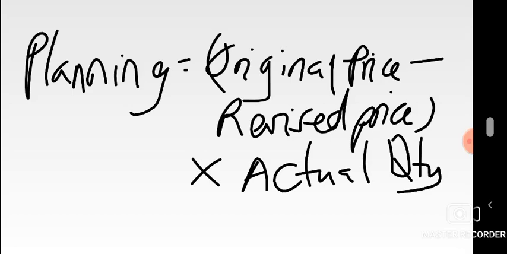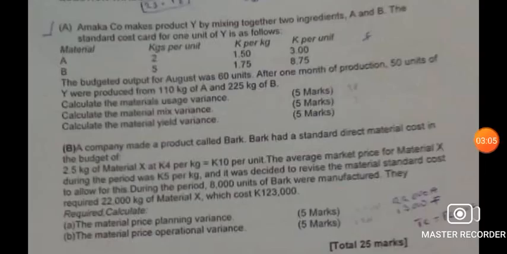In our case, what is our actual quantity? They stated about 22,000 kilograms that were actually produced in that period. What about the original price? When you look at the paragraph there, the original price is what the company has already budgeted, which is the 2.5 of material X at 4 kwacha per kg.